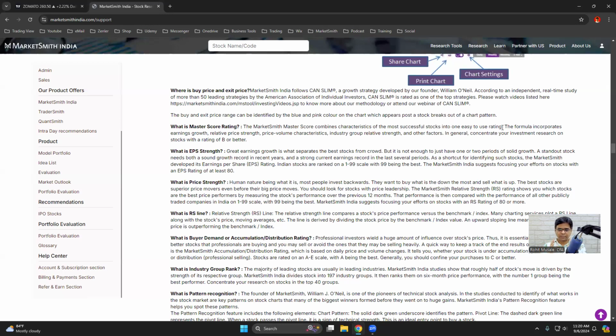So what MarketSmith has done is they have studied the past 125 years of stock market history, and they have studied the characteristics of growth stocks that have gone up 100%, 200%, even thousands of percent. They tried to look at the characteristics before these stocks made their move.